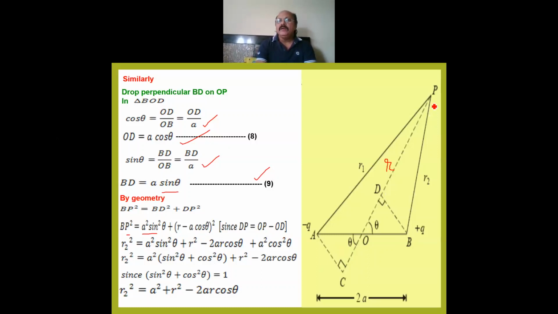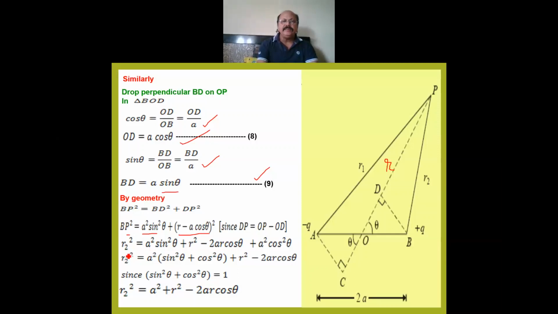And OD you have calculated, so substitute the value of OD from equation 8, and OP is small r. So finally it becomes r minus A cos theta. Since it is DP square, so whole square. Everybody knows the formula for a minus b whole square.